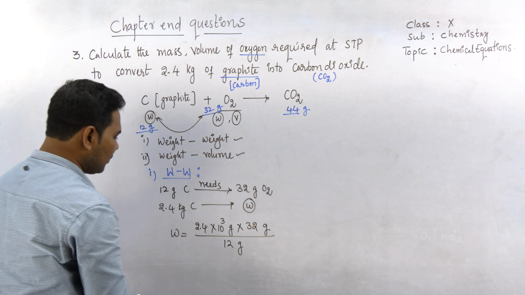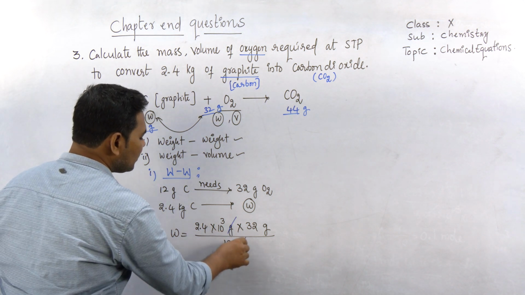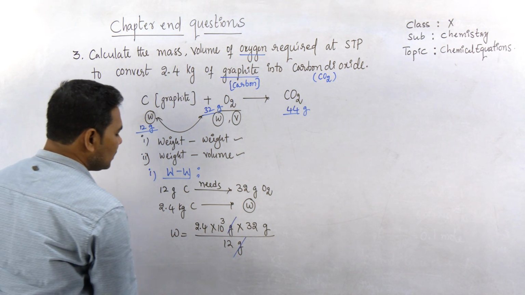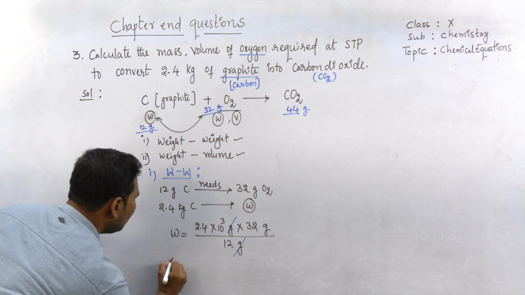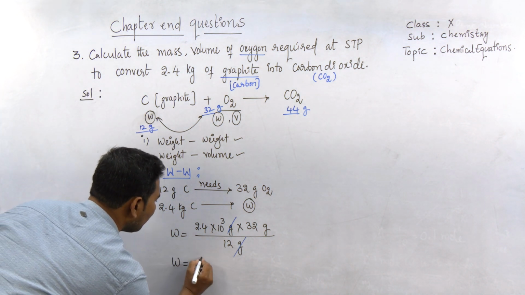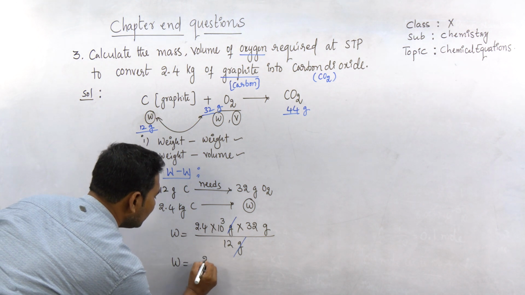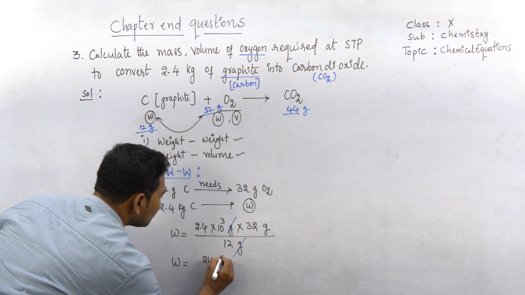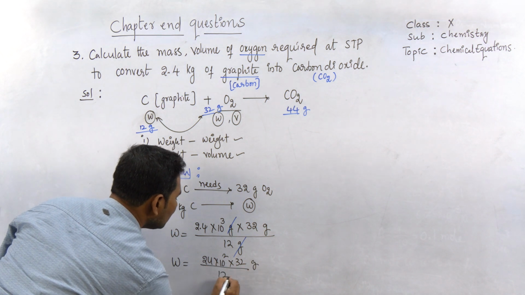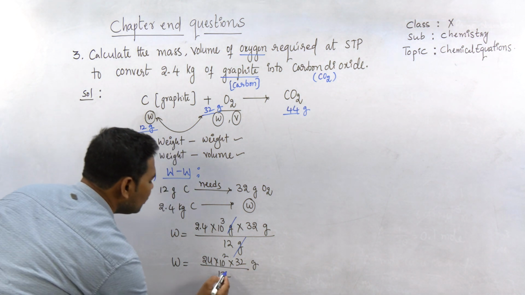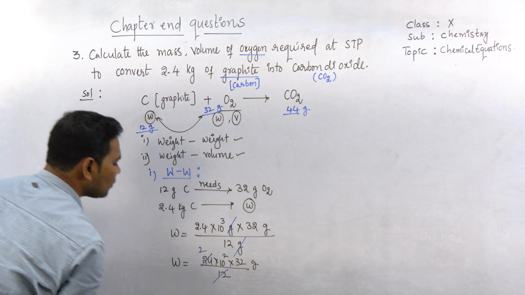So all are in grams. Now we can cancel out this gram here, right? Then for simplification, W is equal to 2.4 into 10 to the power 3, let me write it as 24 into 10 square into 32 grams by 12. Now we cancel out: 12 ones are 12, twos are 24, right?